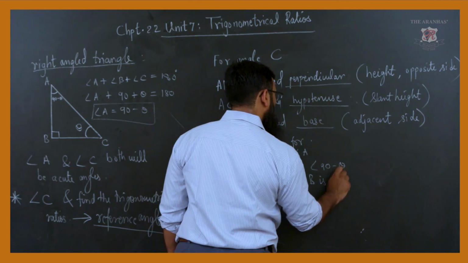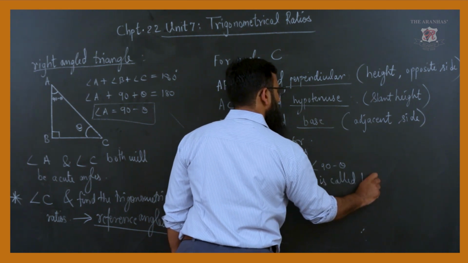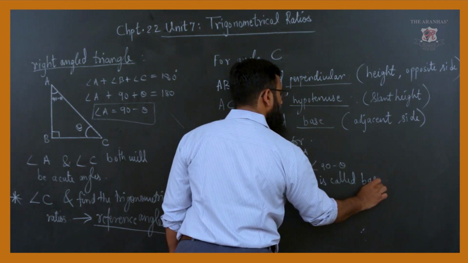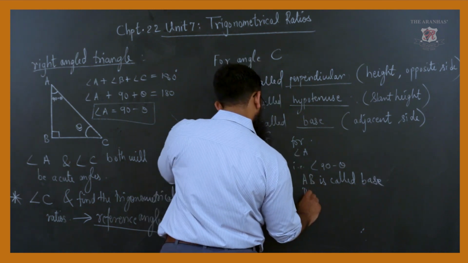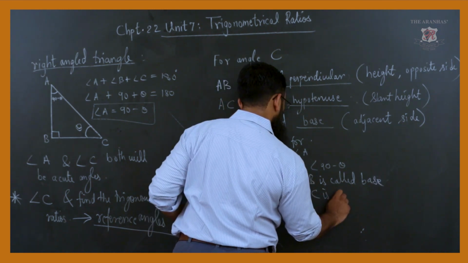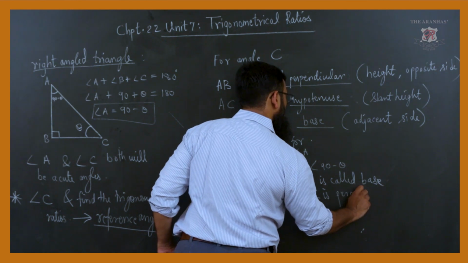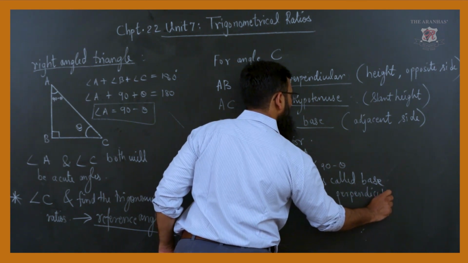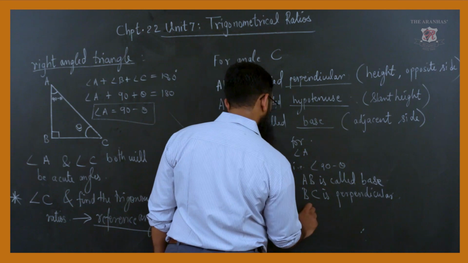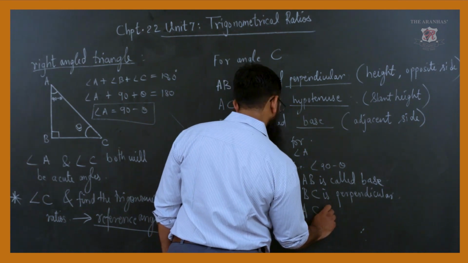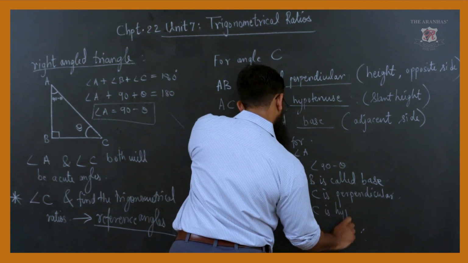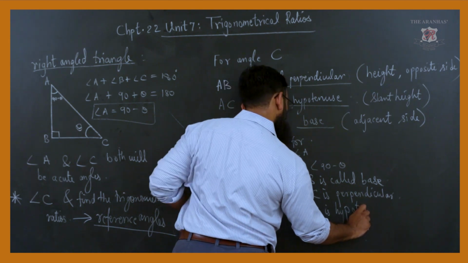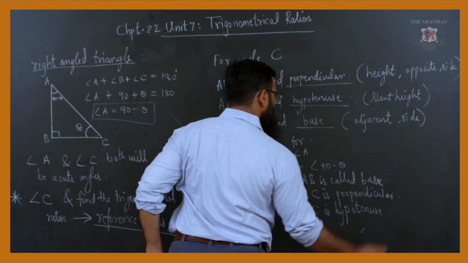AB is called base, BC is the perpendicular, and AC is the hypotenuse.